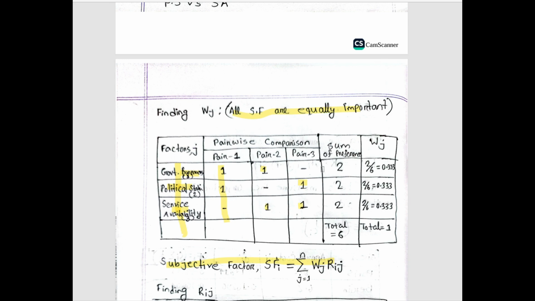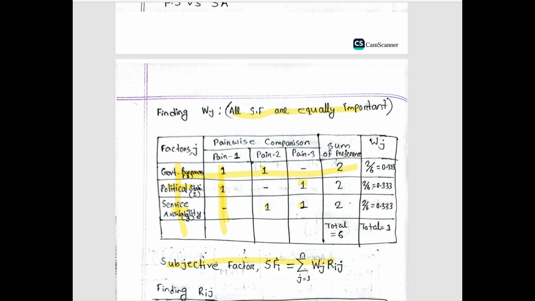Now, sum of preference. We take the pairwise comparison in column, but we have to take the sum of preference in row. In a row, the total sum is 1 plus 1 is 2, 1 plus 1 is 2, 1 plus 1 is 2. Now the total sum of preference is 6. The weight factor will be 2 by 6, because in the first row we have the value 2, in the second row we also have the value 2, in the third row we also have the value 2: 2 by 6, 2 by 6, 2 by 6.